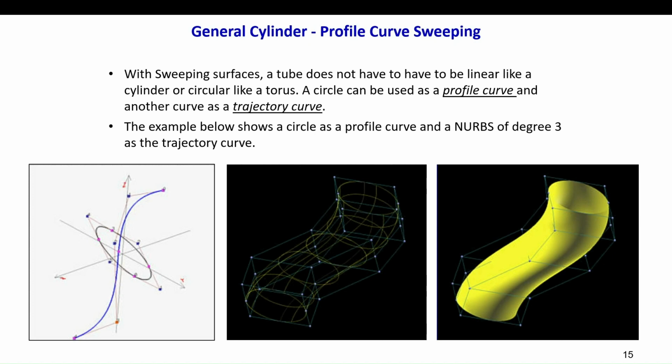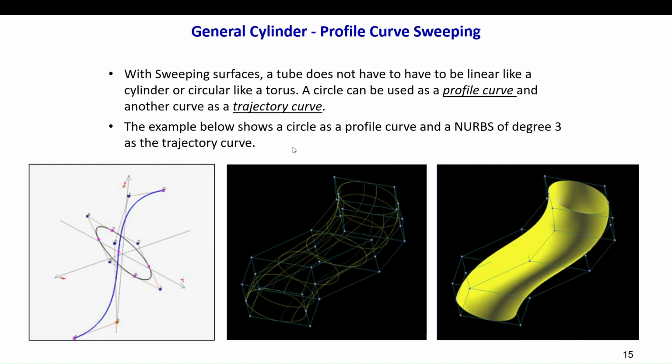There are other ways to generate a cylinder. You can use a profile curve. With sweeping surfaces, a tube does not have to be linear like a cylinder or circular like a torus. A circle can be used as a profile curve. So the circle is the shape of it, and another curve as a trajectory curve. So this NURBS curve here will serve as a trajectory that this circle will follow.